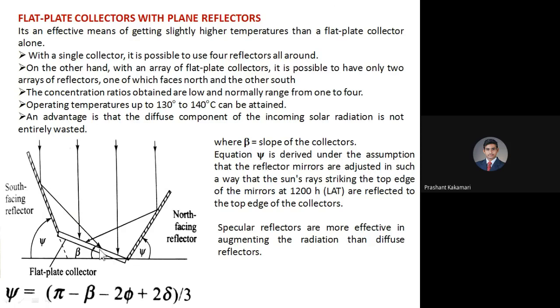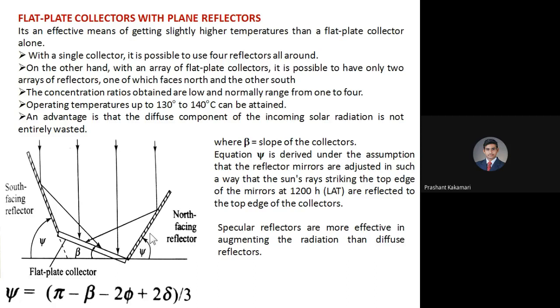In the earlier flat plate collector you have seen, only the normal solar radiation is absorbed by the absorber plate. But here we are going to increase the solar radiation absorption by applying reflector plates. You can see these reflector plates here, one on the south side and one on the north side, and you can do this for a number of flat plate collectors.